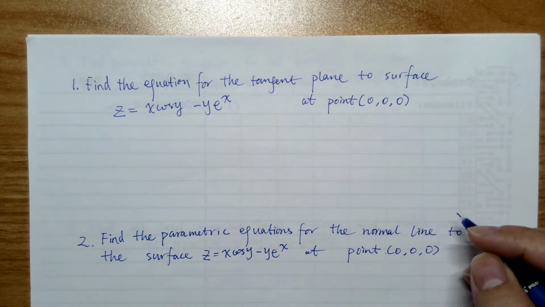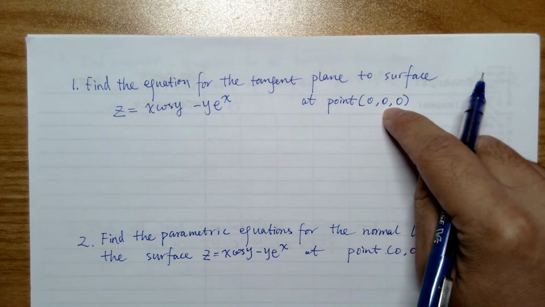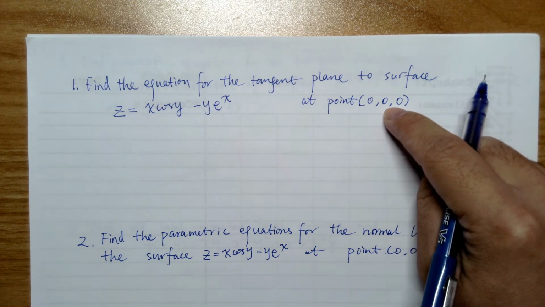So to figure out the tangent plane to the surface at a given point, the core idea is the gradient of the function of x, y, and z evaluated at this point is normal to that surface.